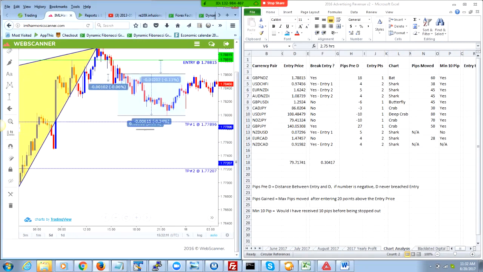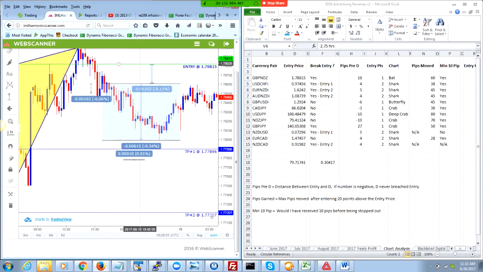So I would set this up again. I would enter the trade 20 pips above the entry. From here to here should be about 20 pips, so I would enter the trade around this point here, at 15:45.